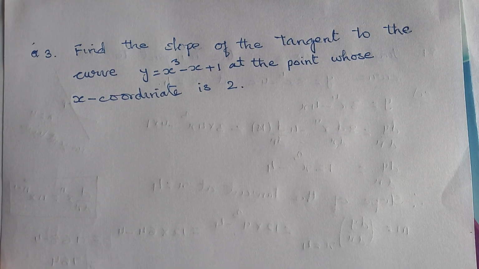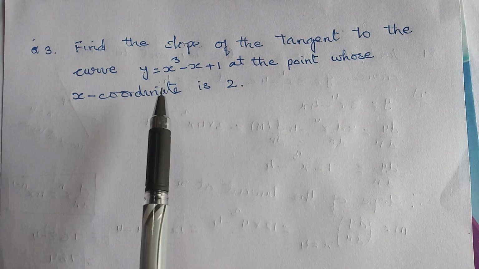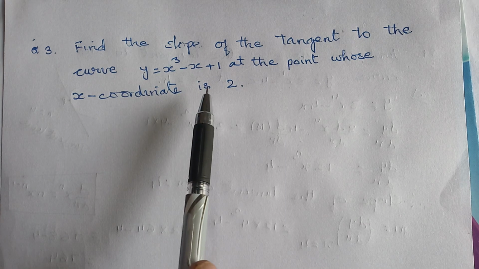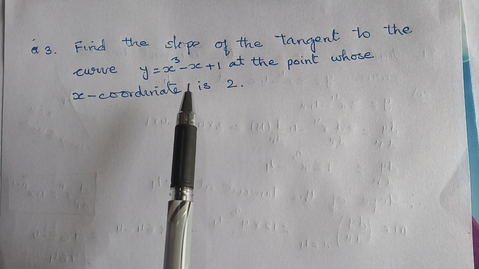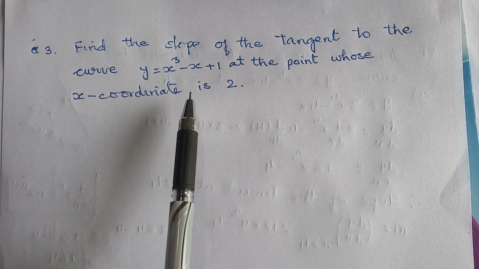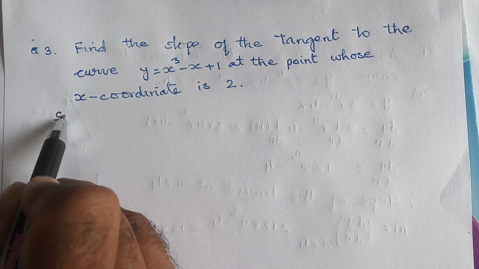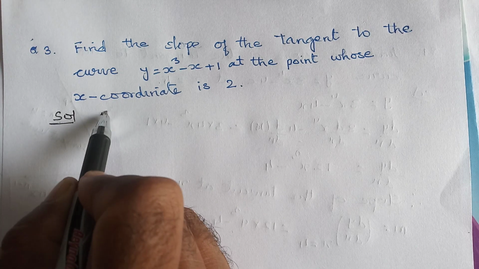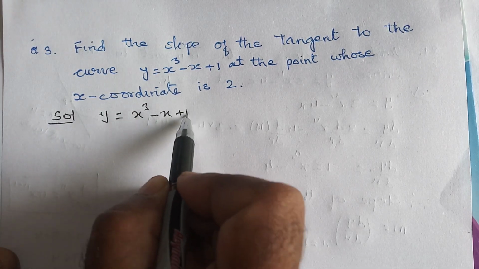The third one is given: find the slope of the tangent to the curve y equal to x cube minus x plus 1 at the point whose x coordinate is 2. Similarly to the previous problem, that gave the x value. In this question, the x coordinate means x equal to 2. So you can write the solution: y equals x cube minus x plus 1.